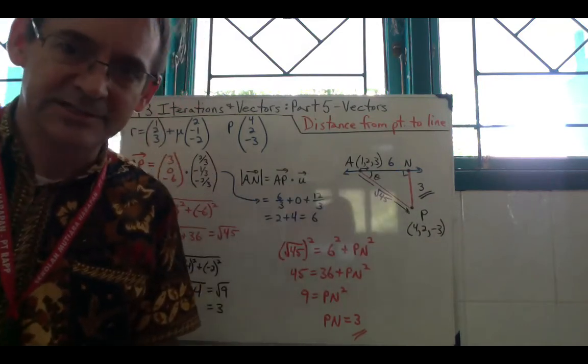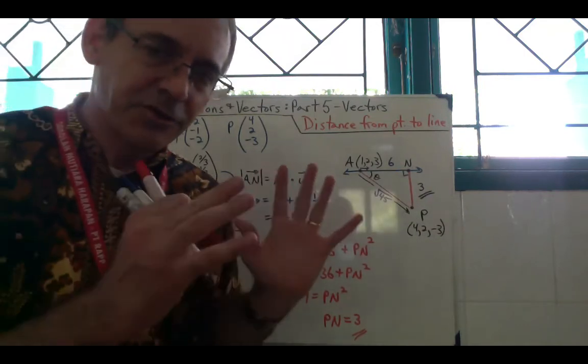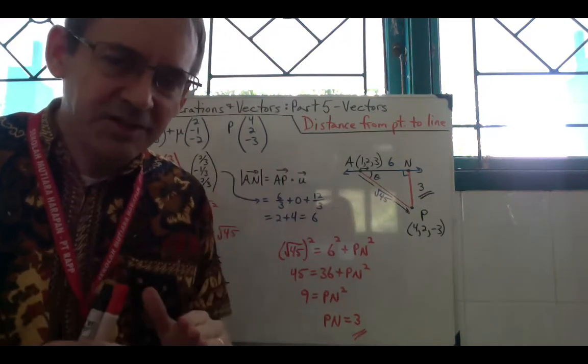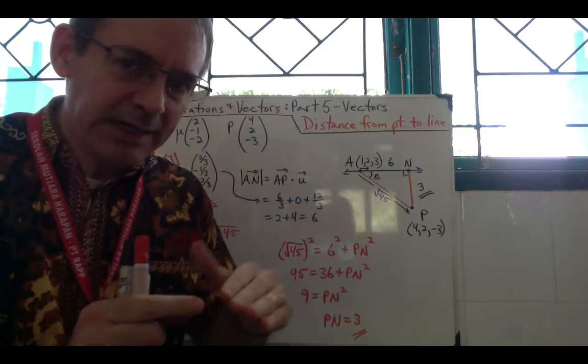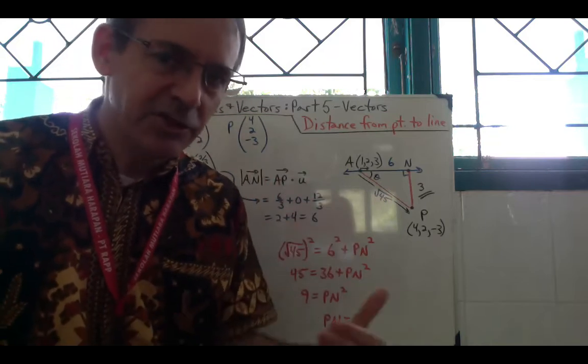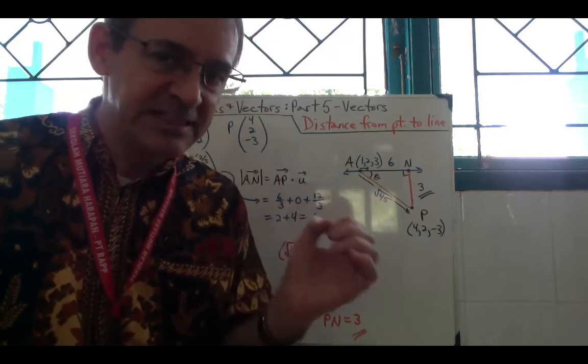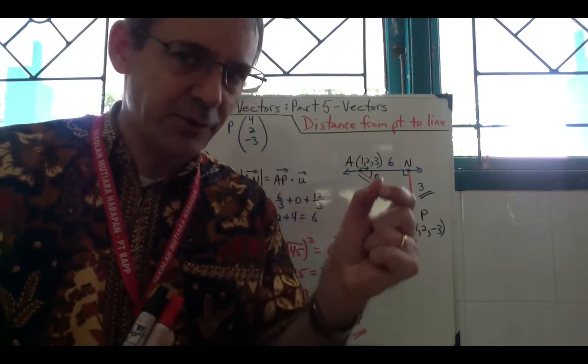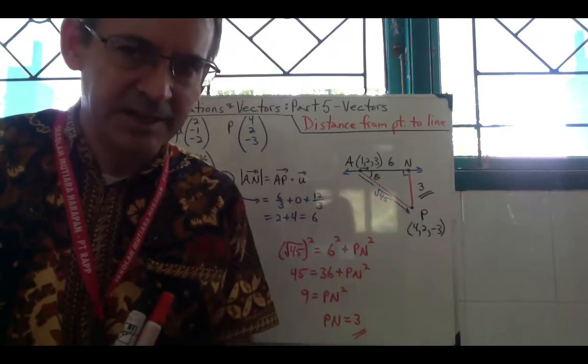It's 3 units away. Okay, so those first 2 examples both asked for the distance between the point and the line. Now I'm going to take you to another example that's very similar, but the question isn't actually asking for the distance, it's asking for something else.